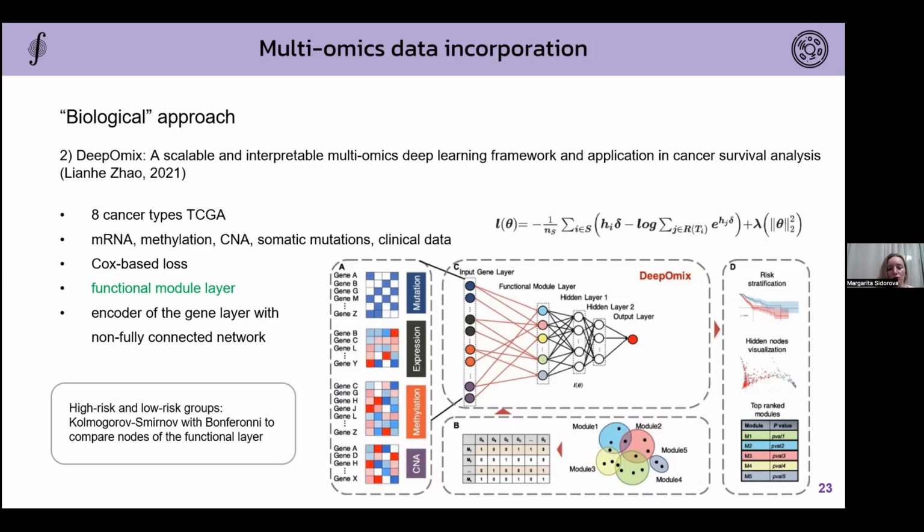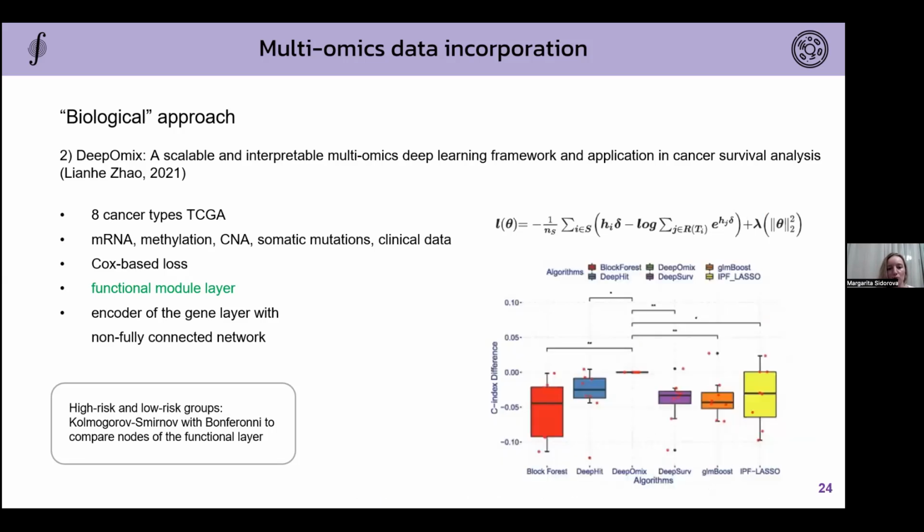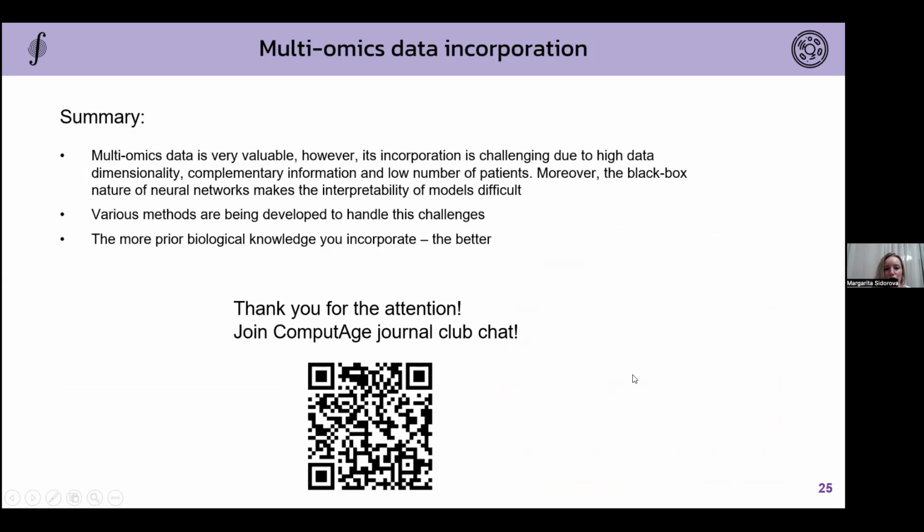By obtaining scores of p-values, they said which covariates, which features were important and which were not so important. And their method had great predictive performance. So I think that it is a very, very beautiful, intriguing biological approach.